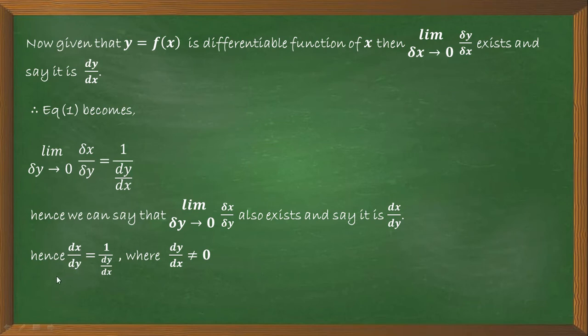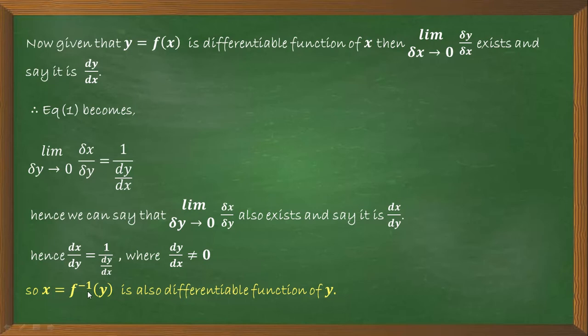Now what is x? x is f inverse y. So dx by dy is nothing but the derivative of x equal to f inverse y with respect to y. So we can say that x is equal to f inverse y is also a differentiable function of y. So see this theorem carefully, hence the proof.